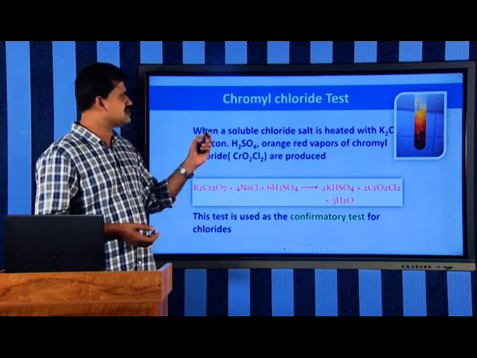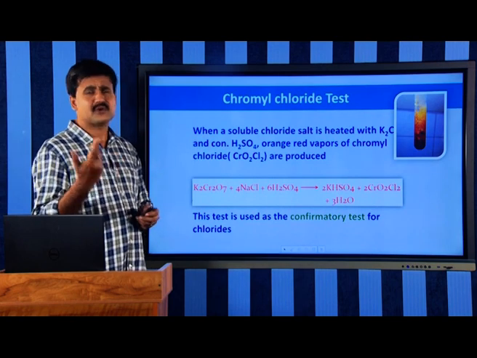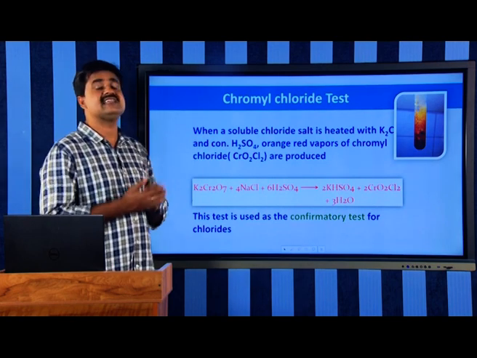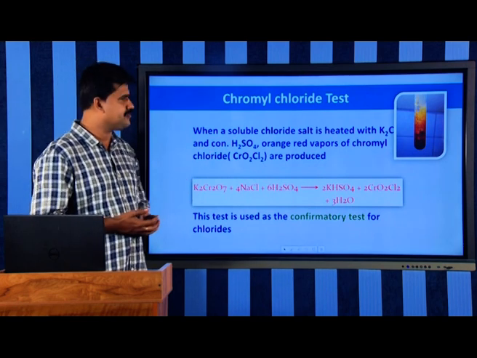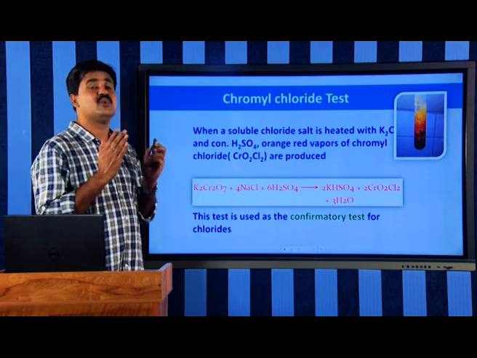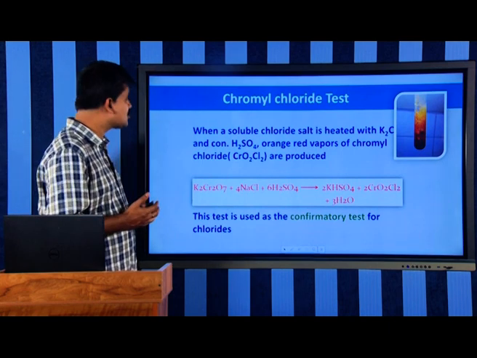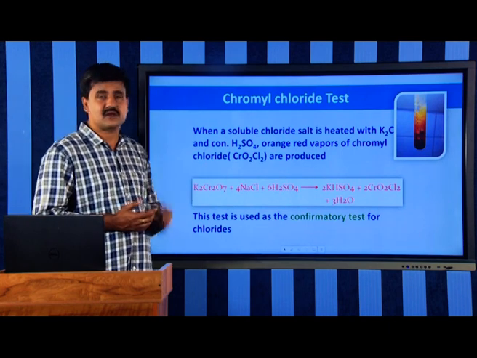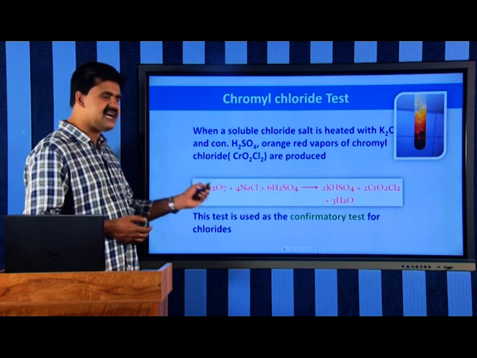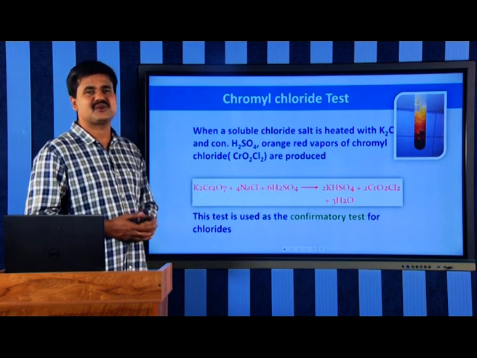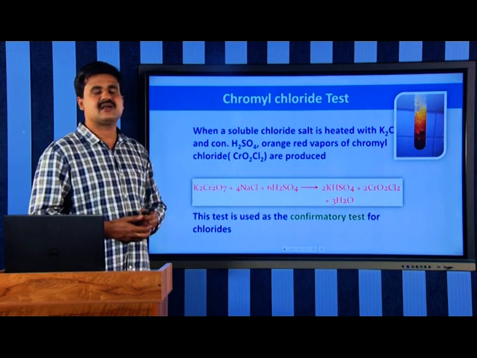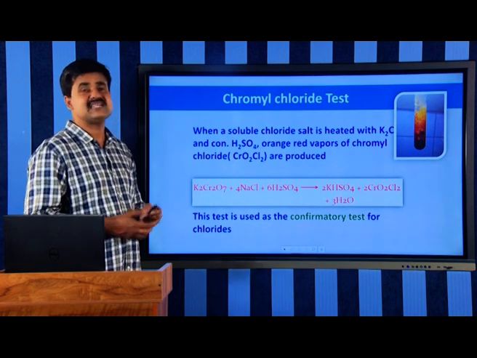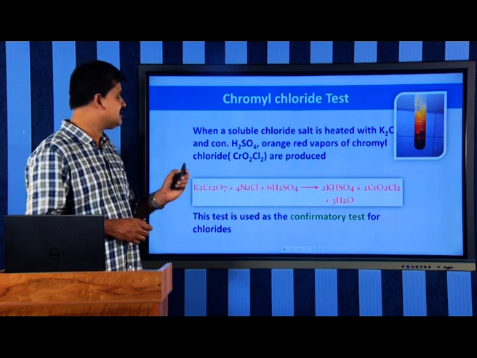When a soluble chloride like sodium chloride or potassium chloride is heated with potassium dichromate and concentrated sulfuric acid, we will get orange red vapors of CrO2Cl2, that is chromyl chloride. This is the reaction responsible for the production of CrO2Cl2. The production of CrO2Cl2 confirms the presence of chloride salt.